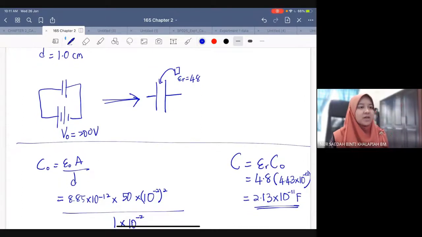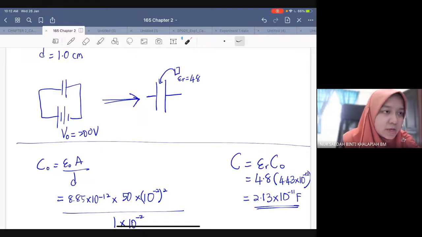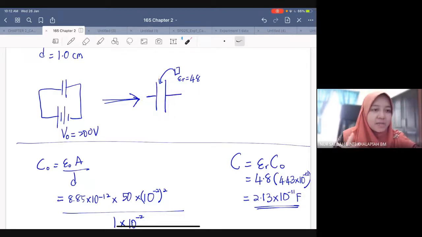Okay, madam faham. Korang mula-mula proses dia connect dengan power supply. Lepas tu dia dah tak connect dengan power supply. Bila dia dah tak connect dengan power supply ni, charge dalam capacitor akan remain constant.